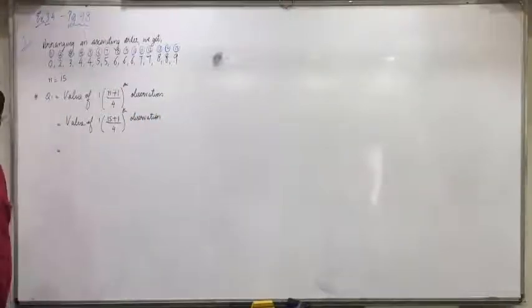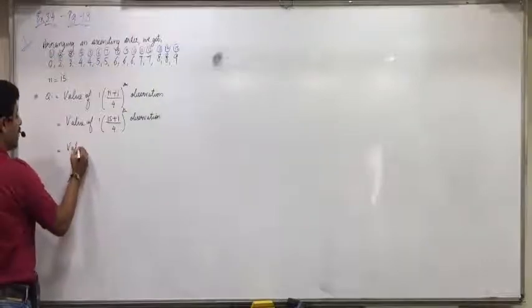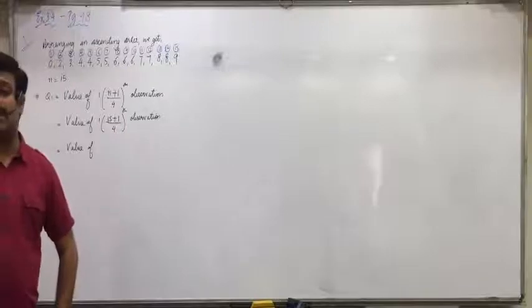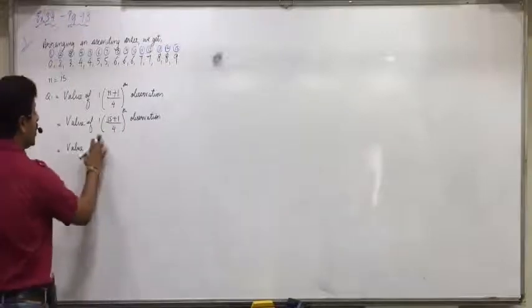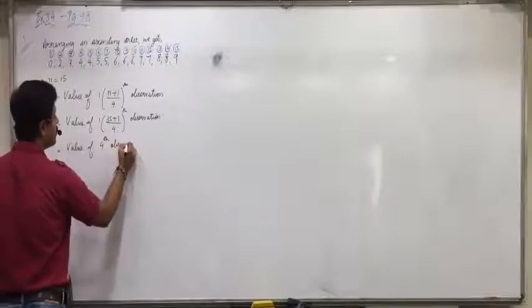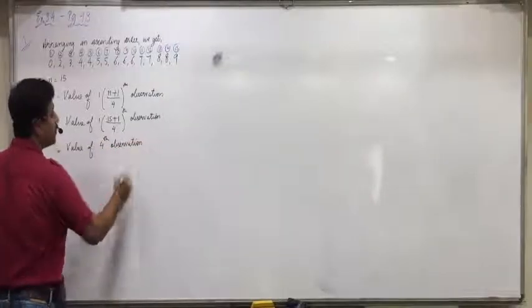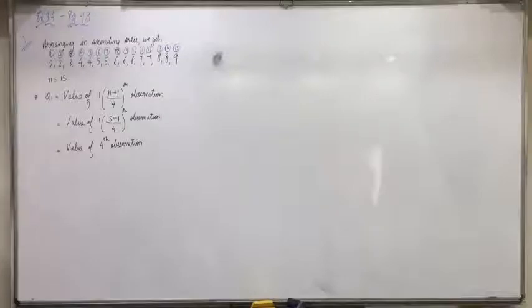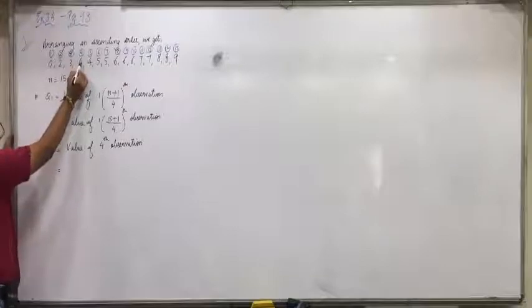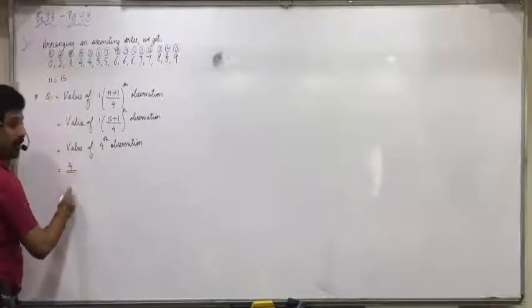Understood this? Now 15 plus 1 is 16, divided by 4 is 4, into 1 is 4, so 4th observation. Understood that, everyone? Any confusions? Now 4th observation is 4. See, first, second, third, fourth. 4th is 4. So 4 is our answer.